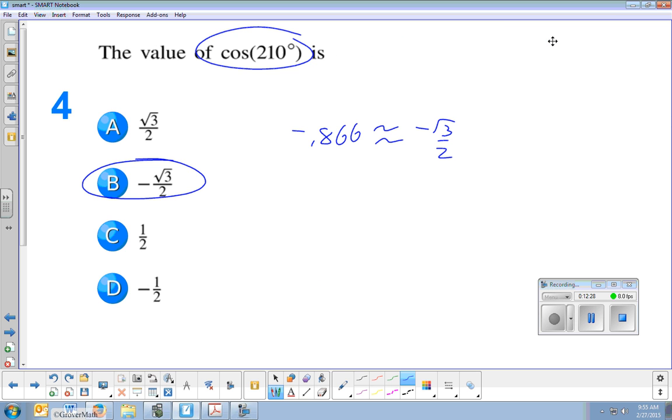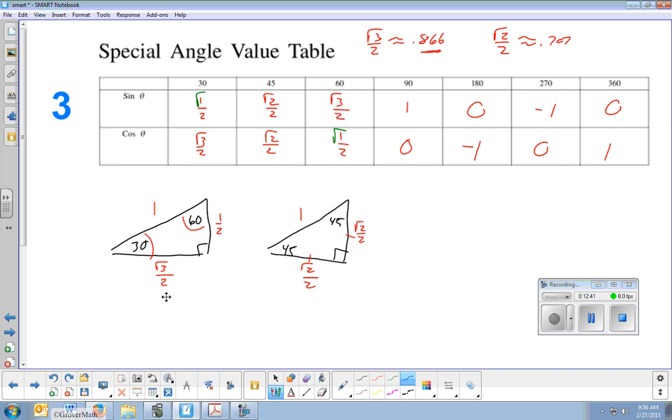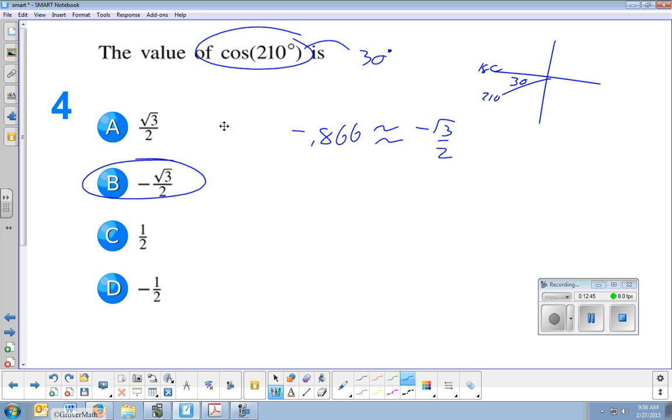If you remember the reference angle, 210's in quadrant 3. How far is 210 from 180? It is 30 degrees. So this is a reference of 30 degrees. And at 30 degrees cosine, we have rad 3 over 2. The reason why it's negative rad 3 over 2 is because cosine's negative in quadrant 3.